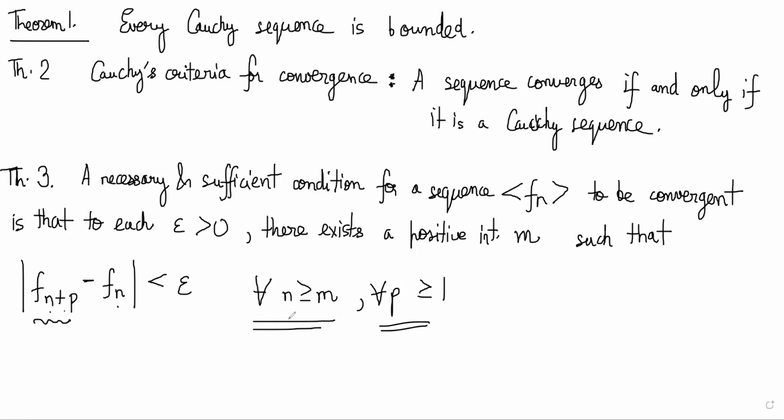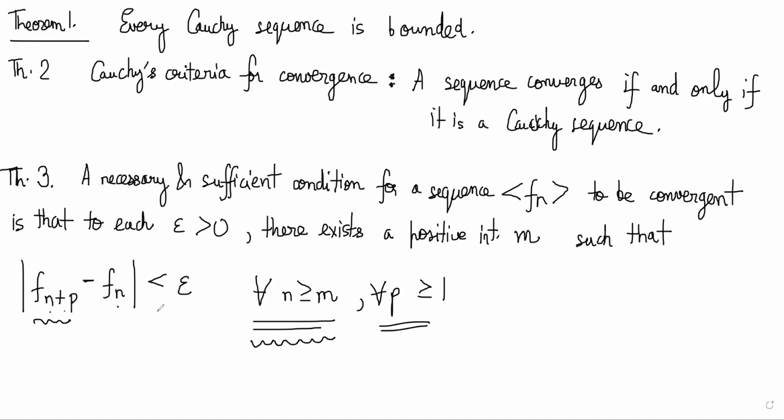So it is saying that if a sequence has to be convergent, then whatever epsilon you choose, the distance between any two terms, one space, two space, whatever space between, beyond a cutoff point, will be less than epsilon.